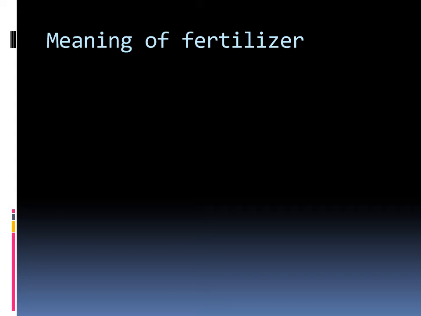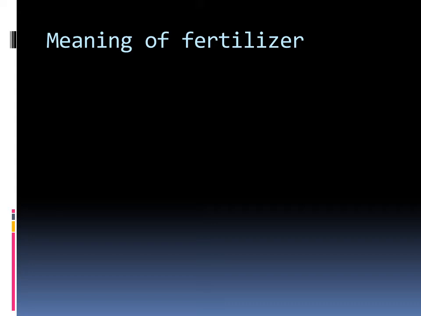Meaning of fertilizer. Fertilizers are organic or inorganic substances that are added to the soil to improve its fertility. They are natural or man-made substances which contain high quantities of plant nutrients.